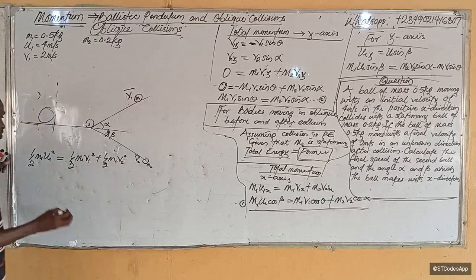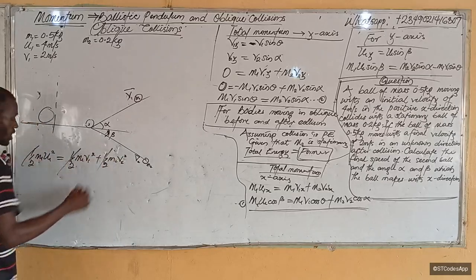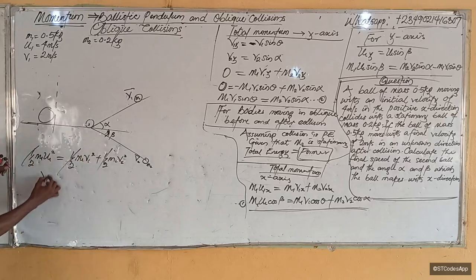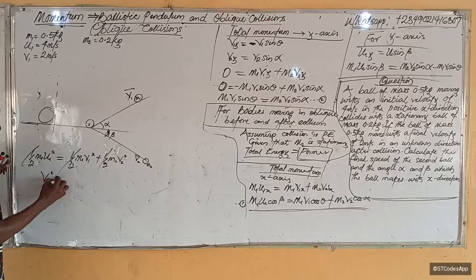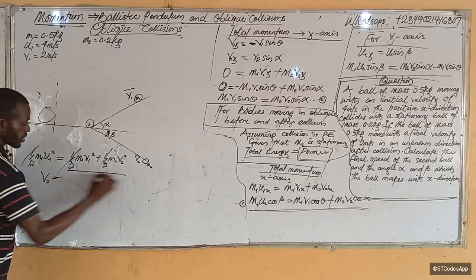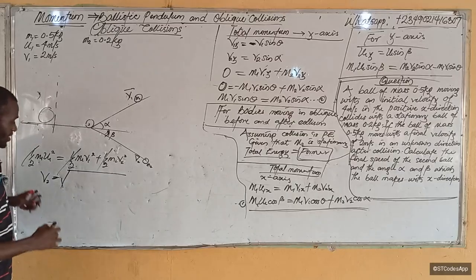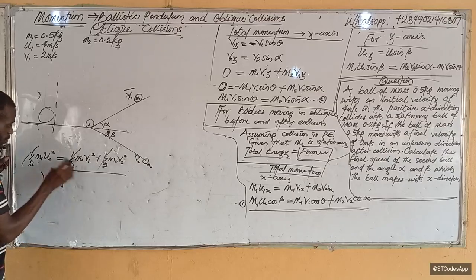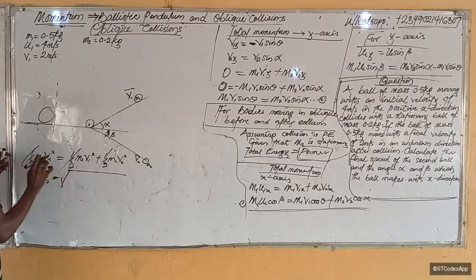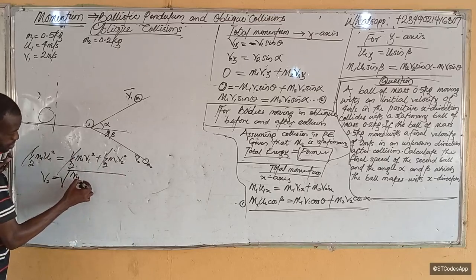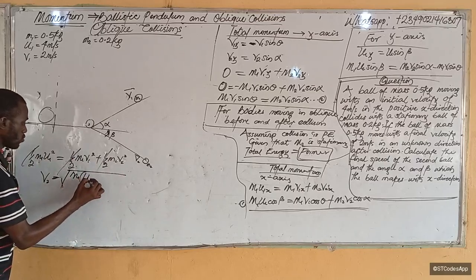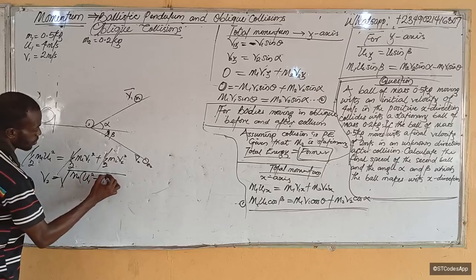I think what we generated was something like this, and we said that v2 squared will be equal to, just check that formula, you will see. And I hope you are taking notes. I trust you. By the time you bring this guy over, it will be m1 into bracket u1 squared minus v1 squared, divided by m2.